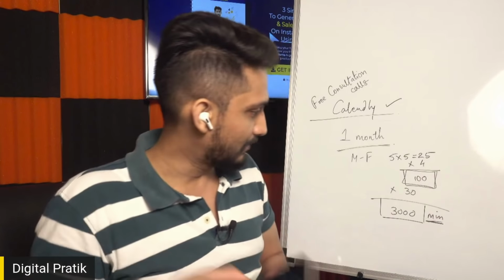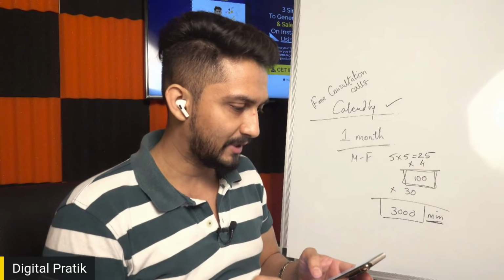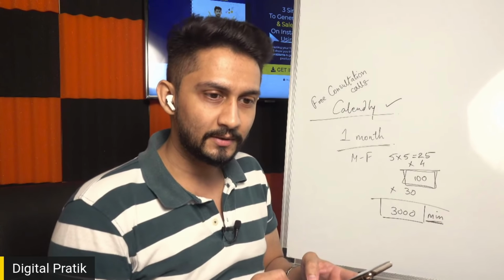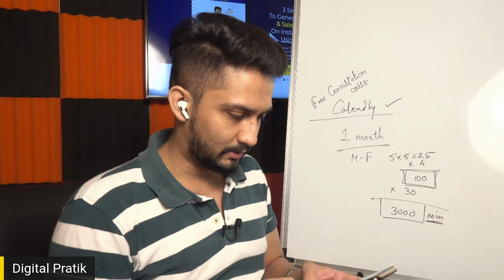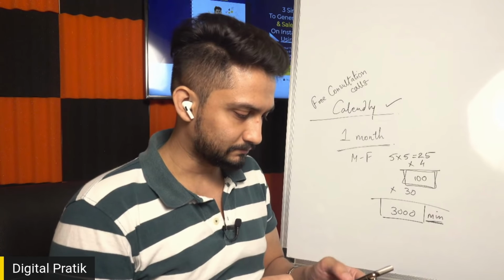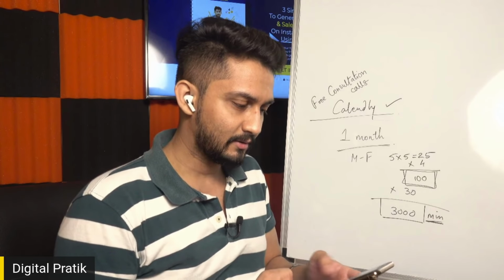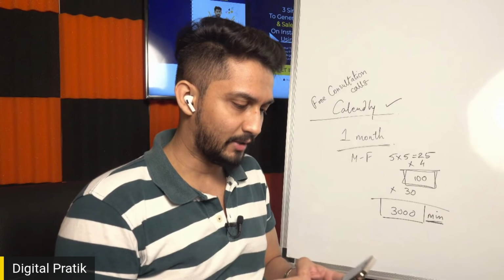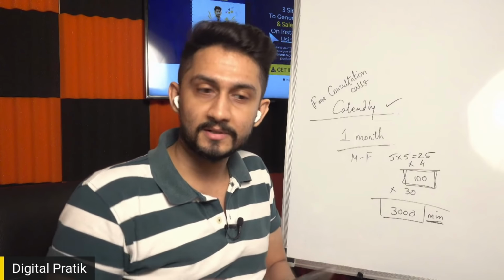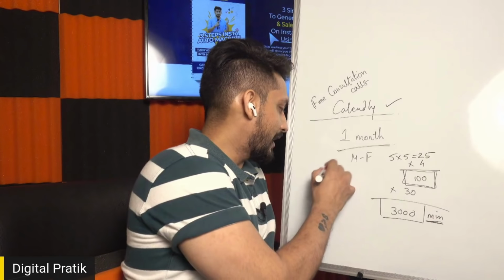Divide that. My maths is bad, but probably this might be like 50 hours. Let me just calculate. 3000 divided by 60. Yeah, 50 hours.